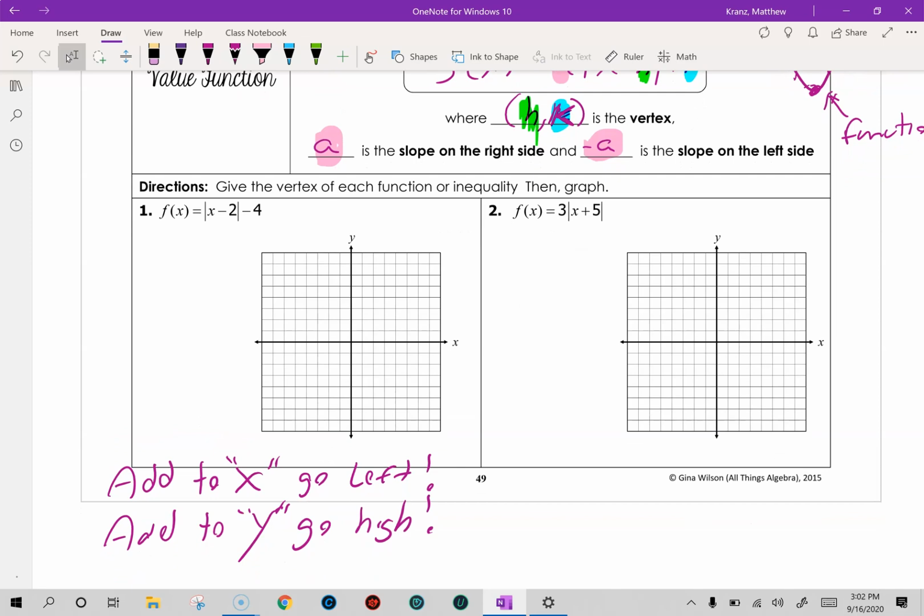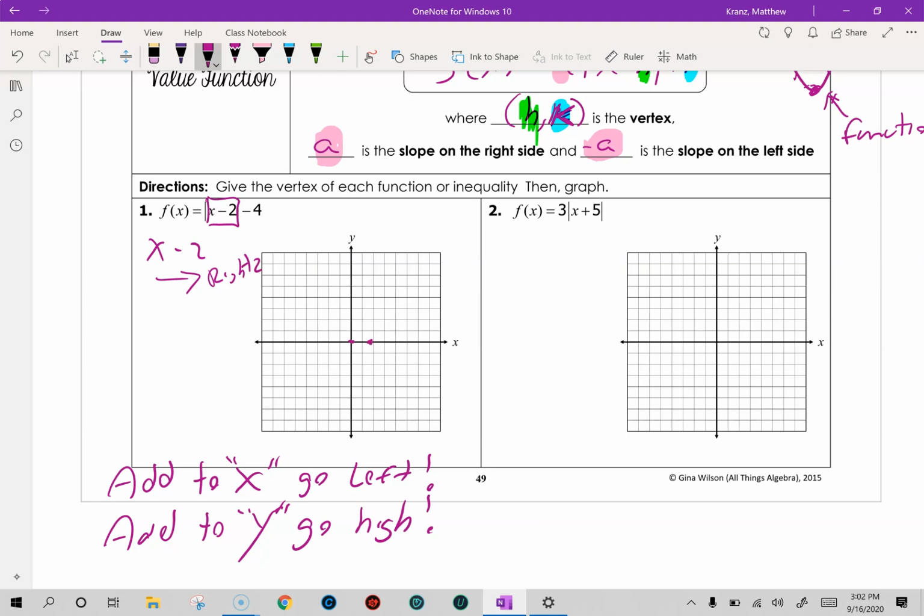So basically, when I look at the vertex form of x, see how x minus 2? Am I adding to x? No, I'm subtracting from x. Well, if I was adding to x, I would go left. But since I'm subtracting, I'm going to go right. How far right? I'm going to go right 2.